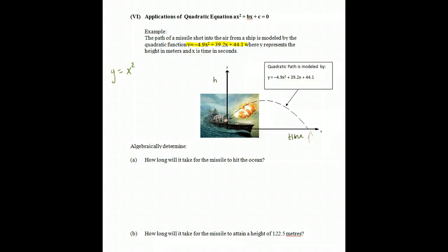Dividing into 39.2 would have negative 8. And then dividing into 44.1 will be negative 9. Now we'll make our equation. So we want to find when we have a height of 0.